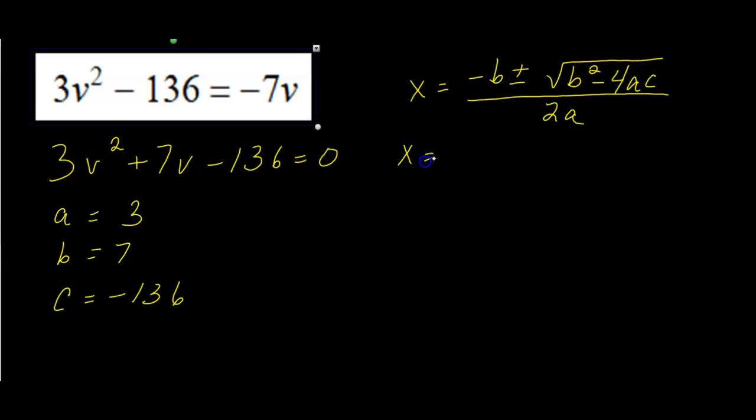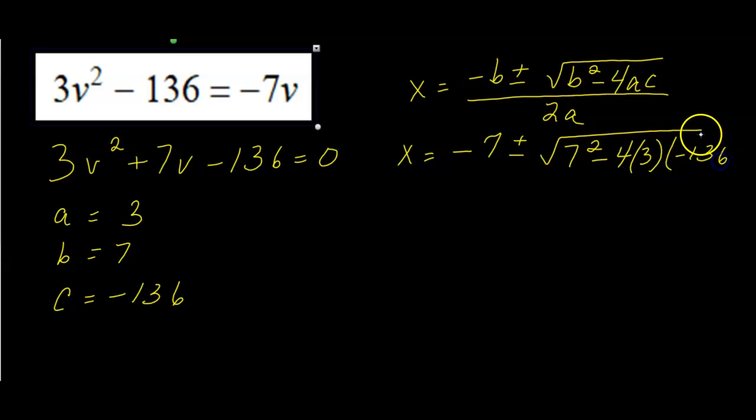X equals negative b. So my b was 7, so it's negative 7 plus or minus the square root of 7 squared minus 4 times a, which is 3, times c, and c is negative 136. And then it's all over 2 times a, and my a is 3.